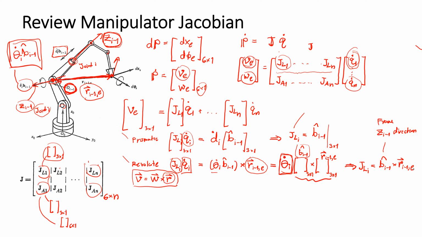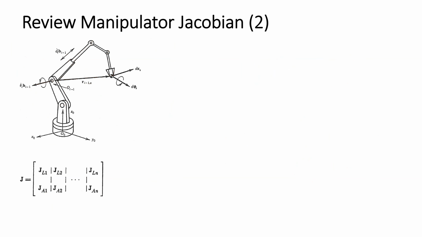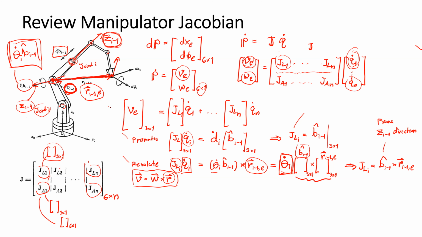And yes, this is for the mapping between the velocity Jacobian and the joint speed. How about the mapping of the omega, the angular velocity at the end point?